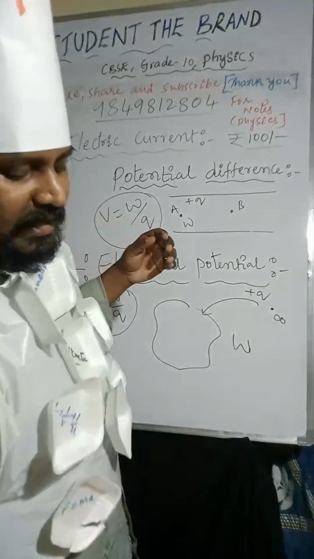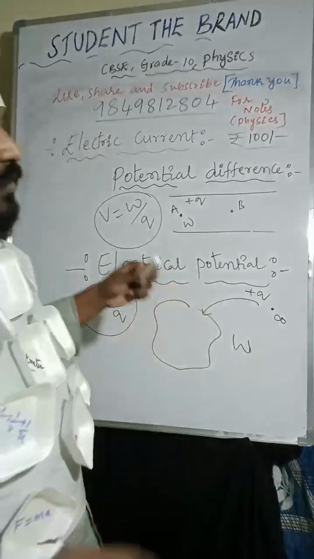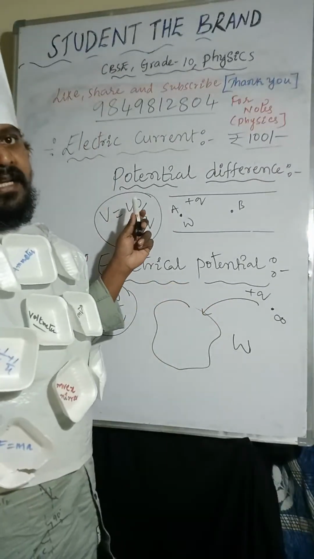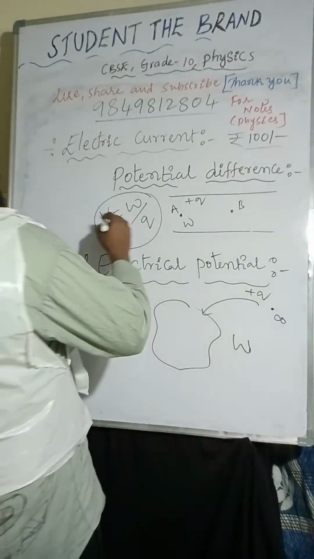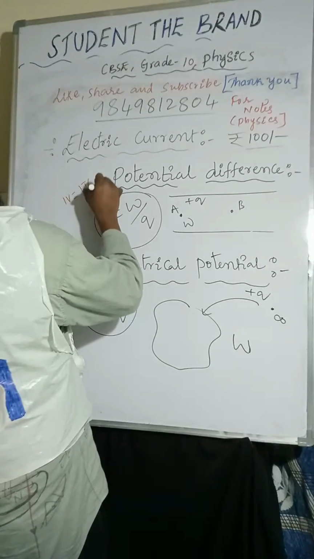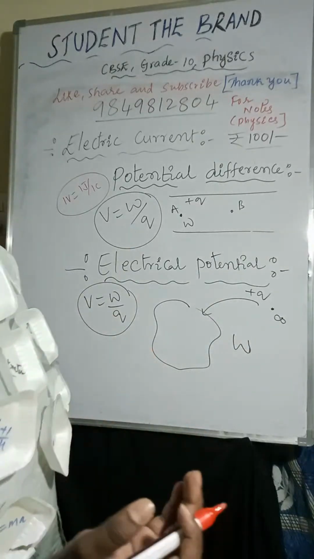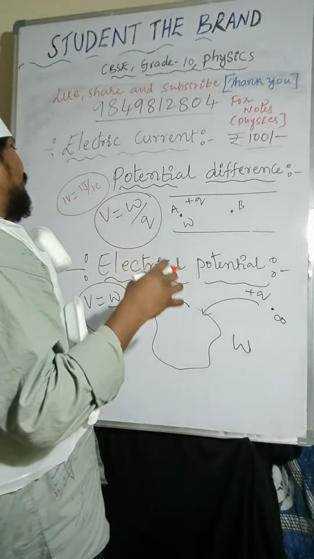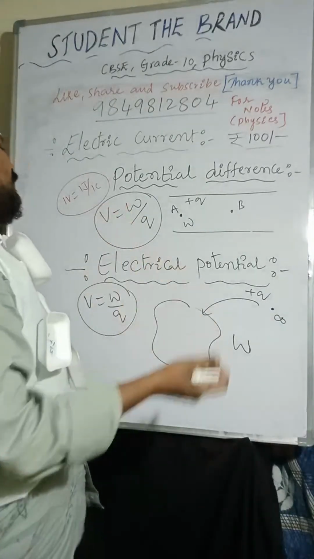So here there is one definition, that is volt. Define 1 volt. 1 volt is defined as 1 joule of work done to bring 1 coulomb of charge from one point to another point.